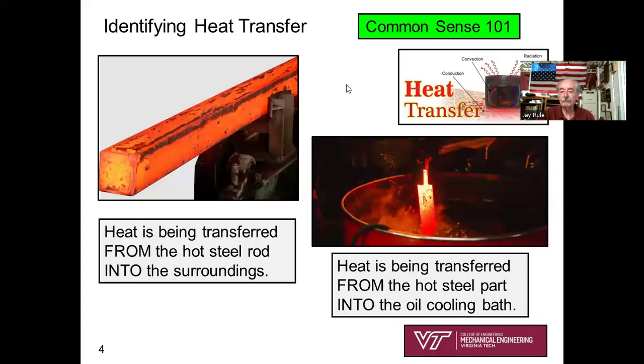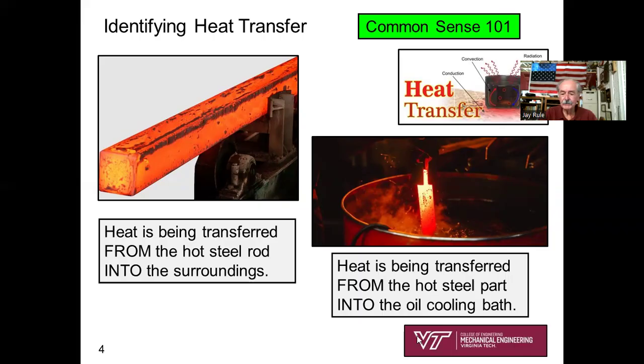So here's another common sense one, in the manufacturing process. We've got a steel rod that's being manufactured. It's just coming out of a hot furnace, maybe tempering or something like that, and you can see with your eyes it's nearly red hot. Your common sense tells you that heat is being transferred from the steel rod into the surroundings.